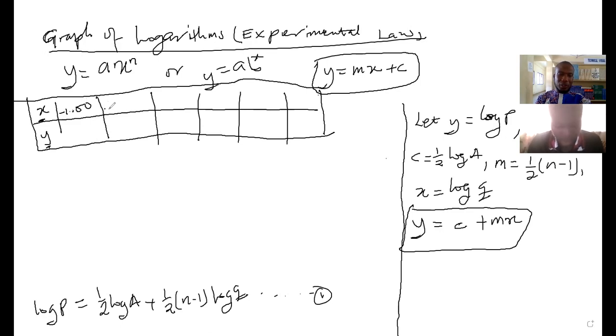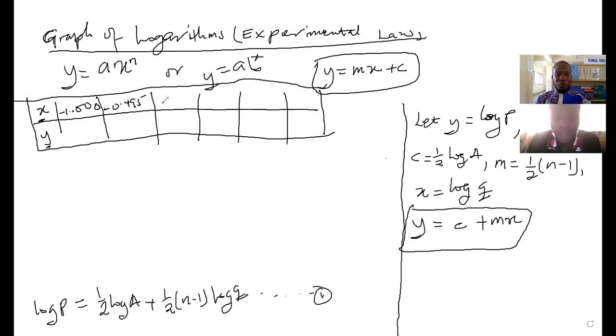The second one is 0.32. Are you now going logarithmic to give me the new x value? Yes. And what do you have? -0.495. Okay, so you are doing it to three decimal places. That's okay. I don't want to change the next answer. So let's go.